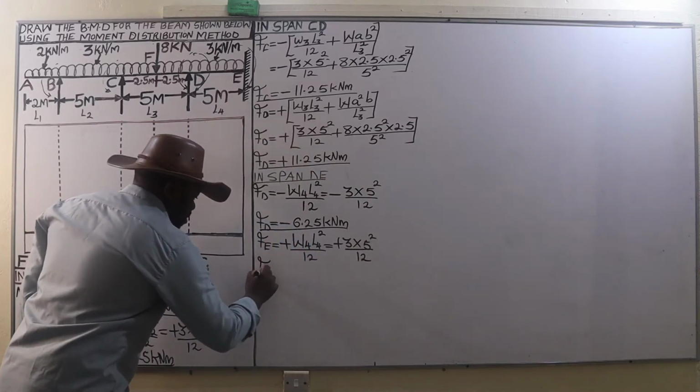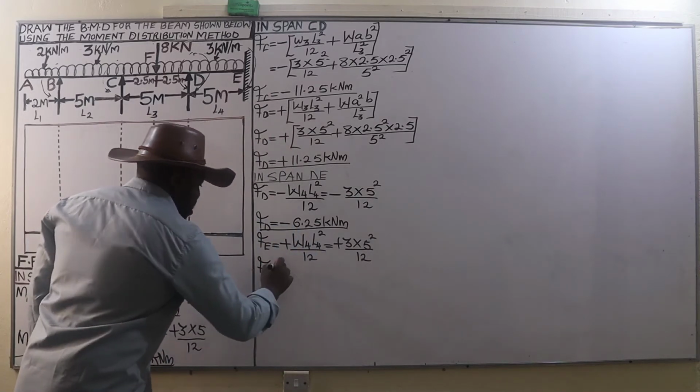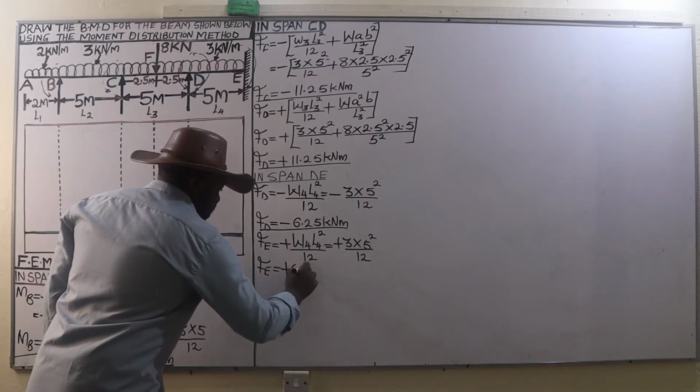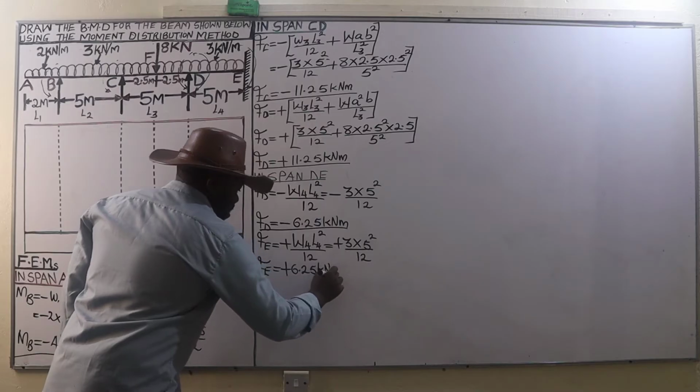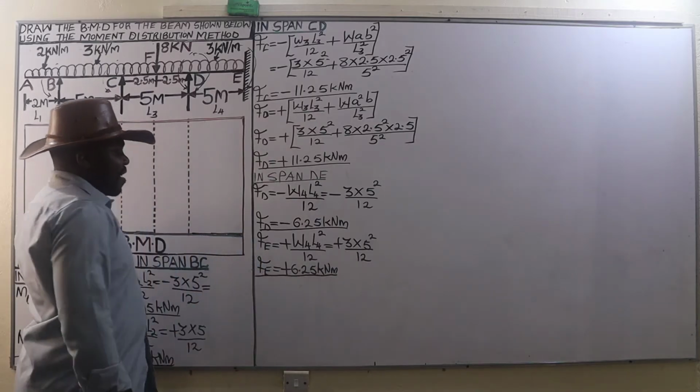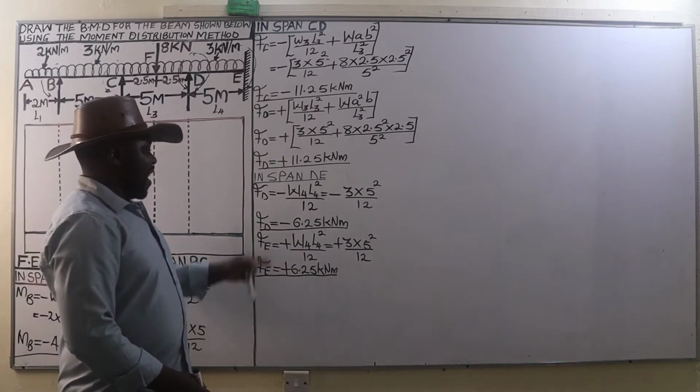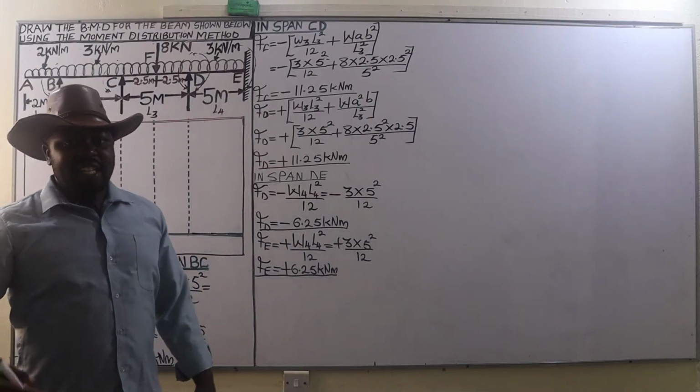And when we do so, we are going to get a fixed end moment at E of positive 6.25 kilonewton meters.